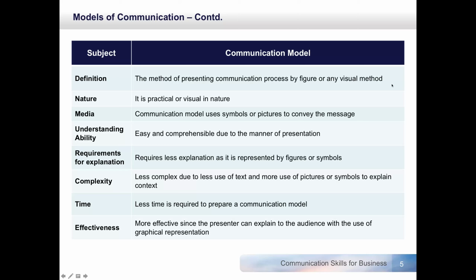Now, there is a bit of complexity because when you write a letter, you're only using a combination of text and words. But sometimes you communicate with the use of pictures, and you also use graphs and symbols or tables to communicate some data.